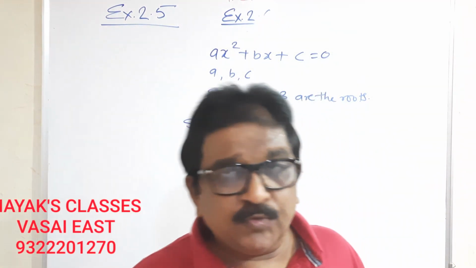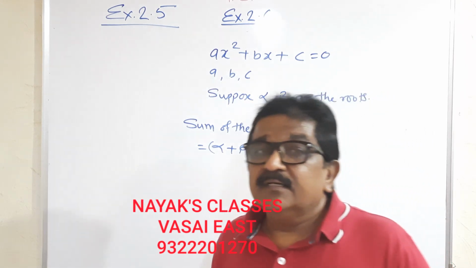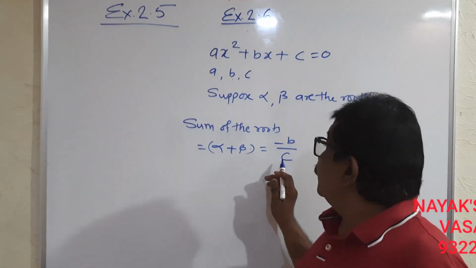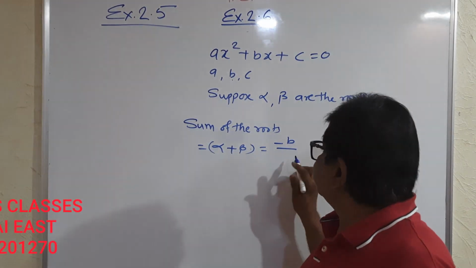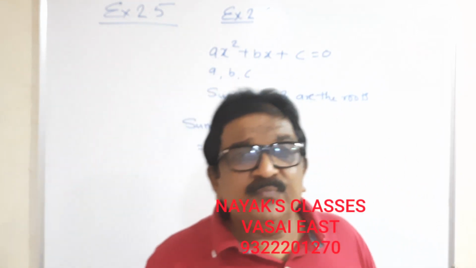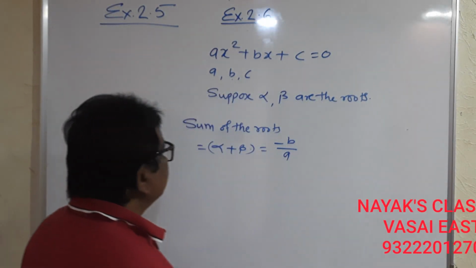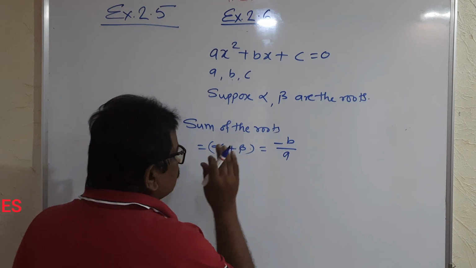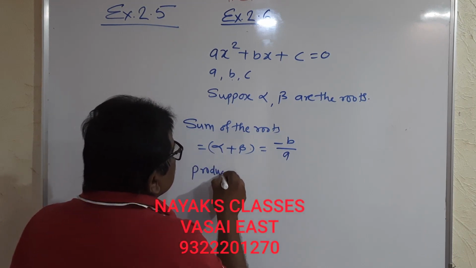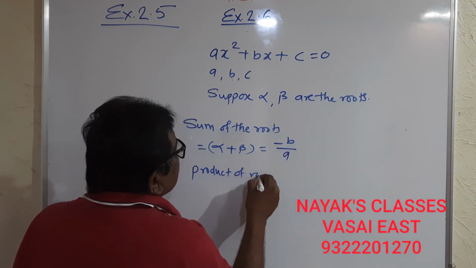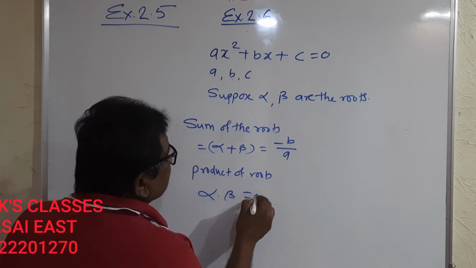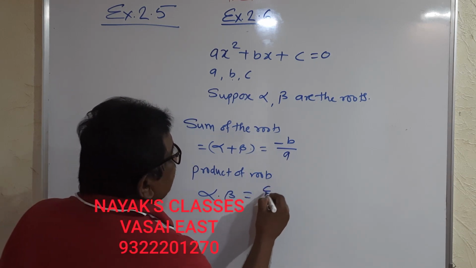If we take the ratio of the middle term's coefficient and the first term's coefficient, then we will get the value of the sum of the roots. And the product of roots can be given as alpha into beta is equal to c upon a.